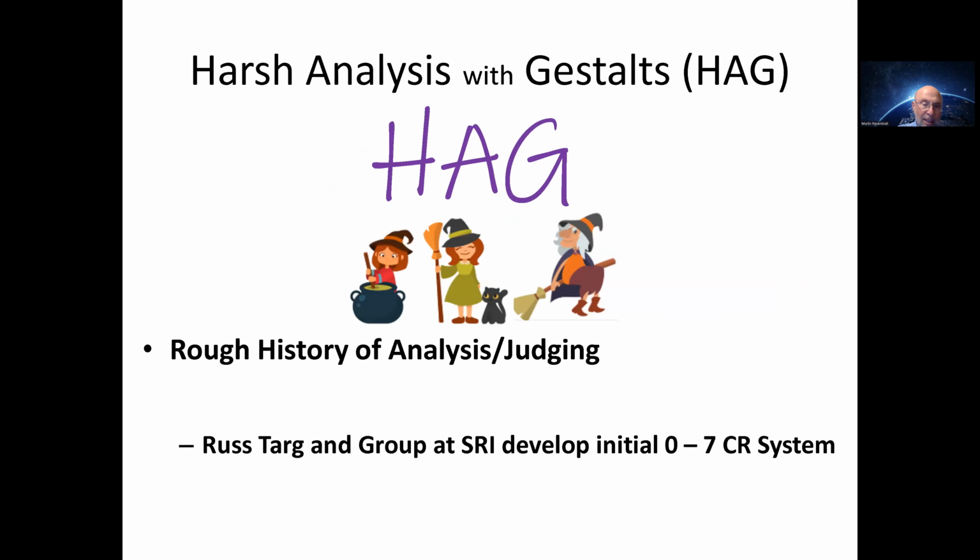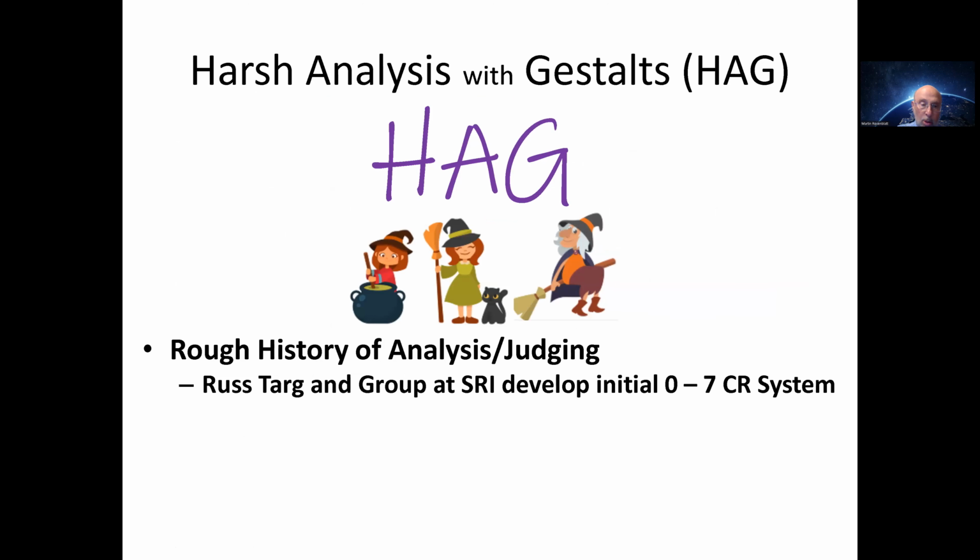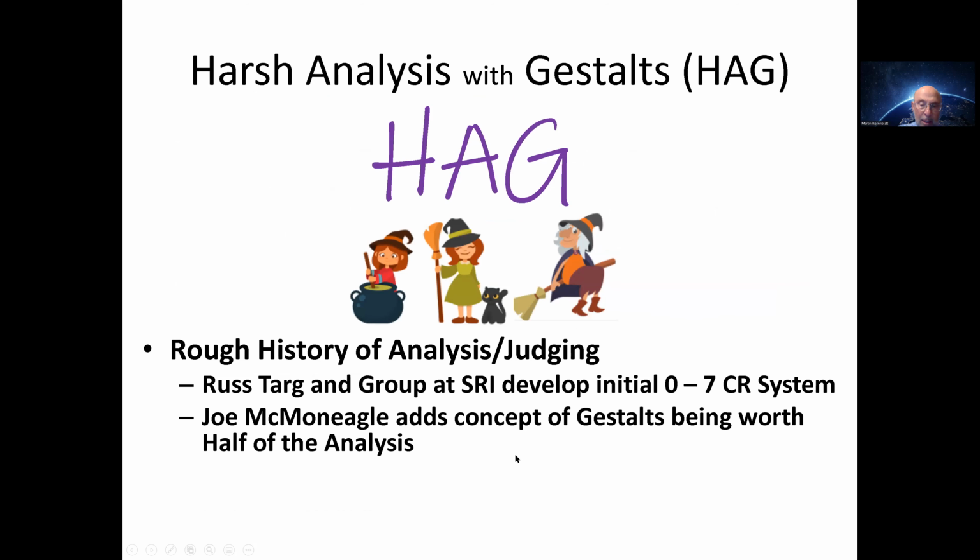Now, HAG, which you're about to use, started with what I just showed you, which was Russ Targ's verbal development at SRI. Then Joe McMonaco pointed out rather forcefully that the gestalts ought to be worth half of the analysis.